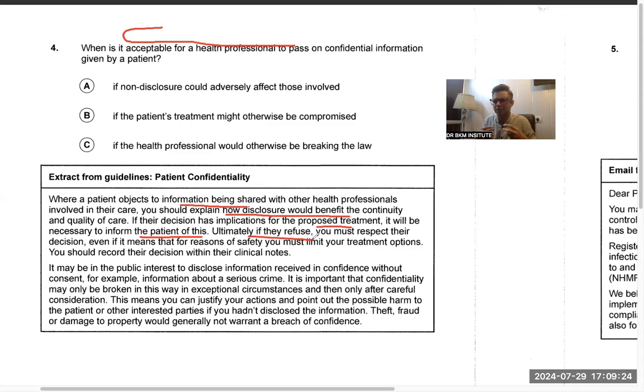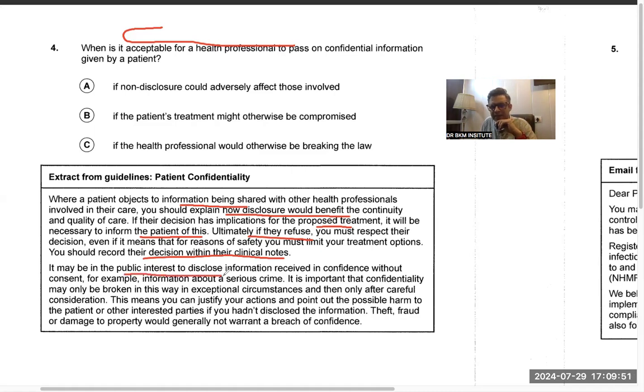Suppose you're providing feeding through a nasogastric tube and the patient says no, I don't want it, then you have to limit your options. That is what they are saying. You should record their decision within their clinical notes. Then you don't feed the patient with the nasogastric tube.